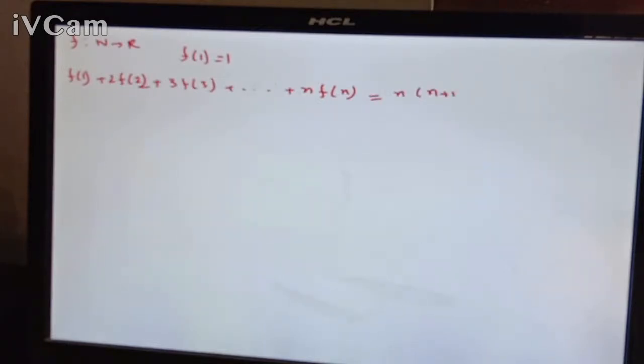Given f maps N into R, and also given f(1) equal to 1, and f(1) plus 2 f(2) plus 3 f(3) plus ... plus n f(n) equal to n into (n plus 1) into f(n).